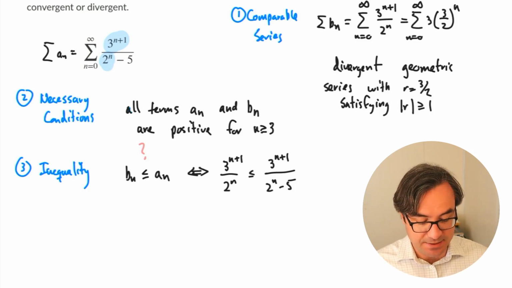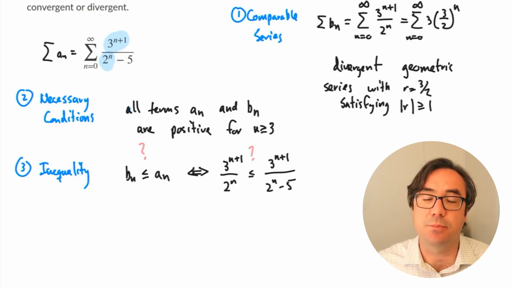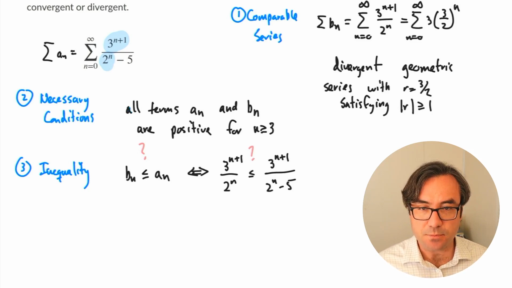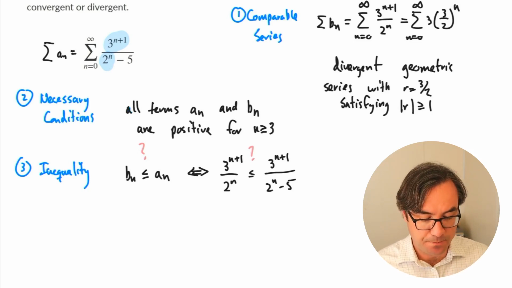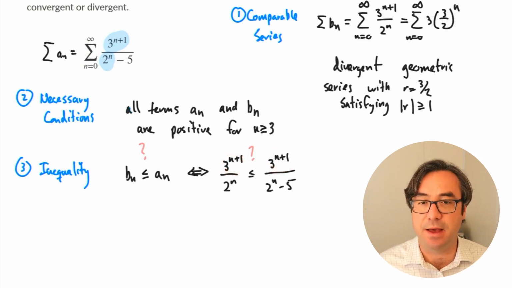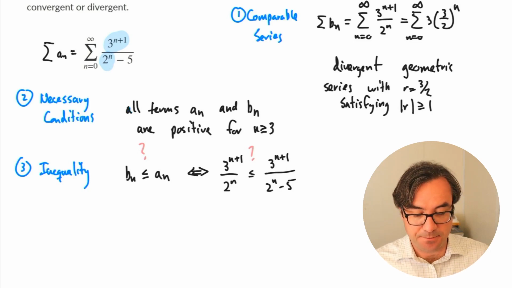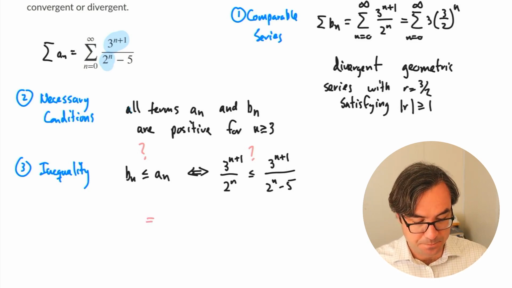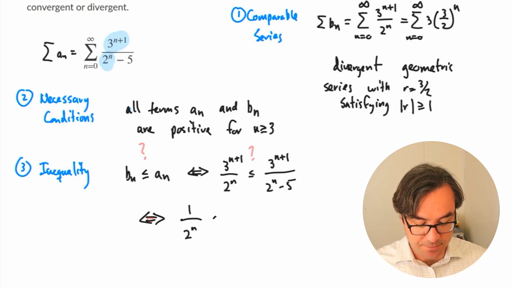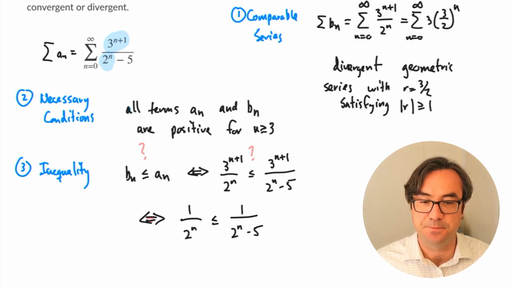So again, we don't know this yet. We want to prove this. All right, so what could we do? Well, first of all, both sides have a 3 to the n plus 1 on them. So we can divide both sides by 3 to the n plus 1. And when we do that, we get 1 over 2 to the n is less than or equal to 1 over 2 to the n minus 5.